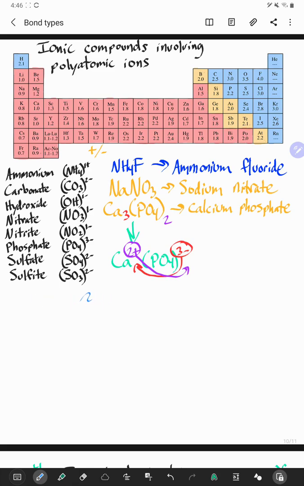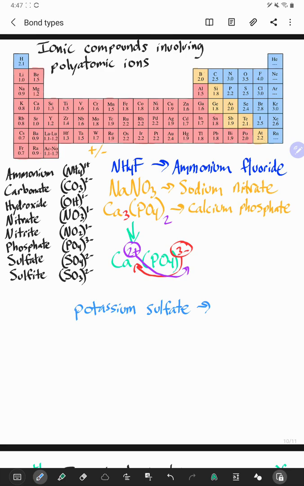I'm going to write the name, which is the easy part, and then you're going to do the harder part for me. Potassium sulfate. All right, so pause the video and figure out how many potassiums we need and how many sulfates we need, and then write it as a compound.